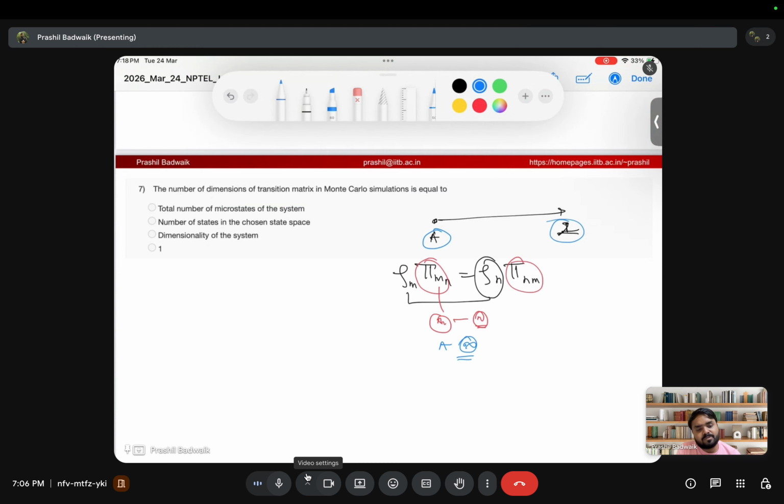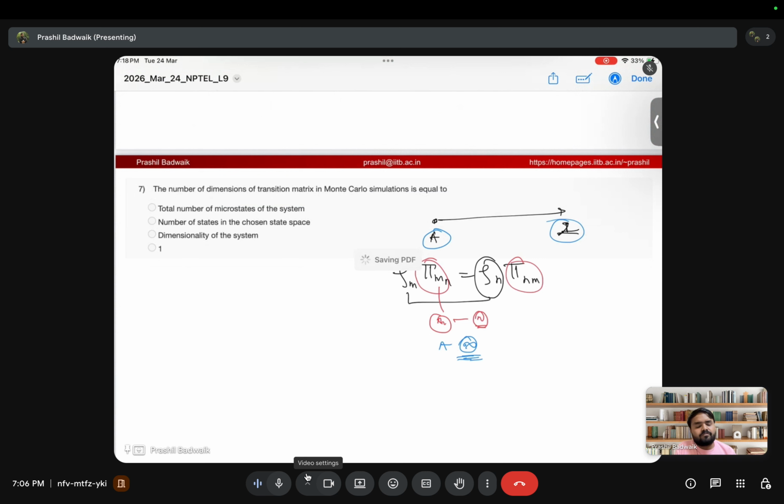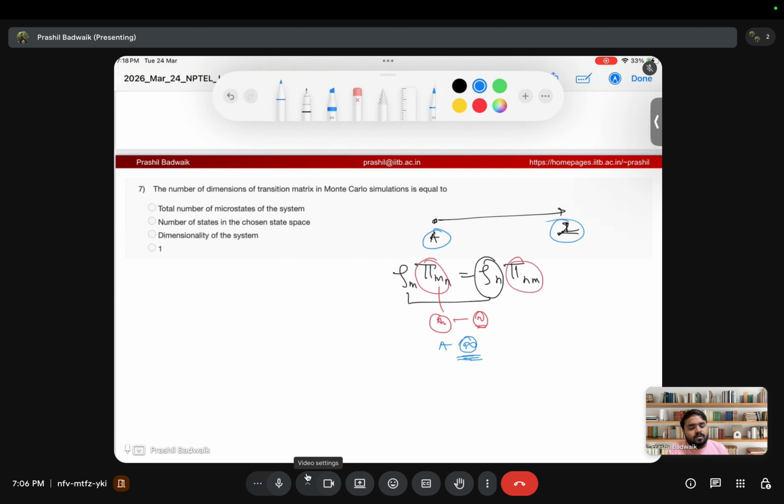So how many microstates are possible? Infinite. So we can go to any. So it is ideally considered as the total number of microstates of that particular system.